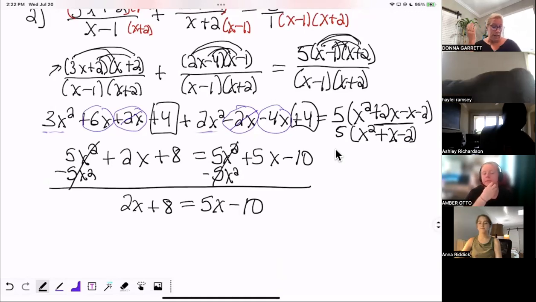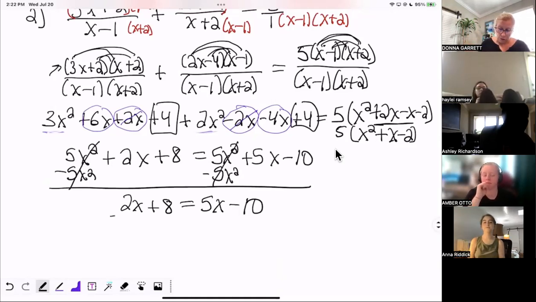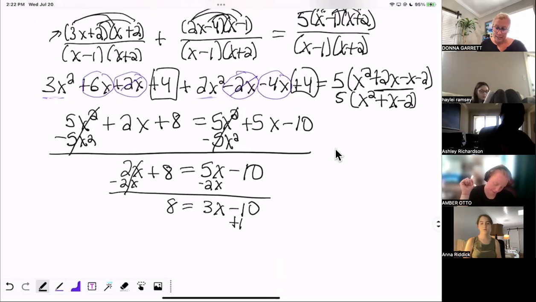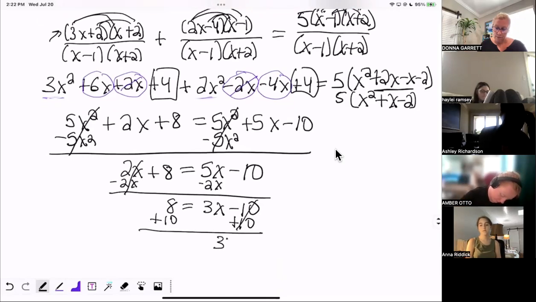I think, as an algebra problem, I'm going to subtract 2x. You can do anything you want at this point. 8 is equal to 3x minus 10. I'm going to add 10 to both sides. 3x is equal to 18.